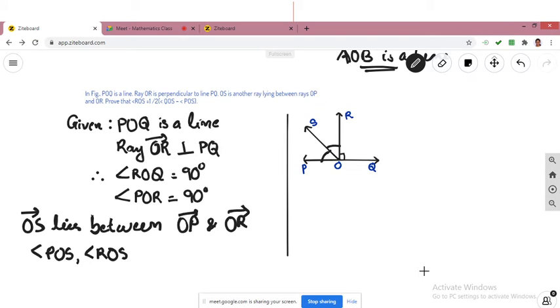You can answer through the chat box also. So what do you think? Are they adjacent? Padma, can you tell me, do you think they are adjacent?